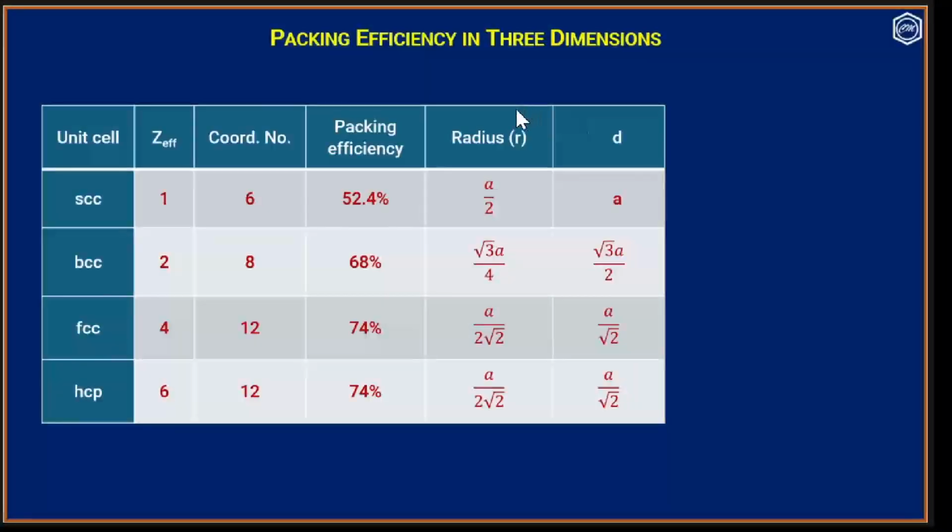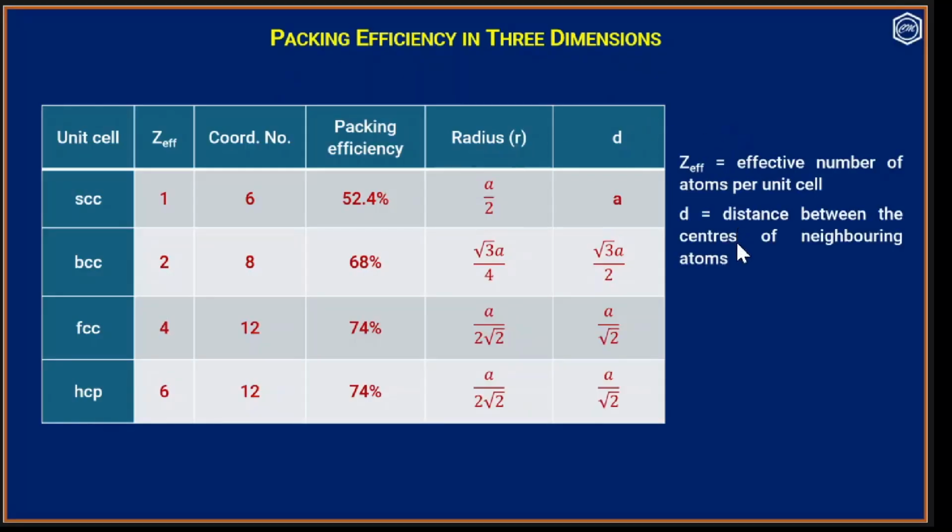This table gives a comparative study of the characteristics of different types of close packing. That is, unit cell, close packing, effective number of atoms, coordination number, packing efficiency, radius of the atom, and the distance between the centers of neighboring atoms.